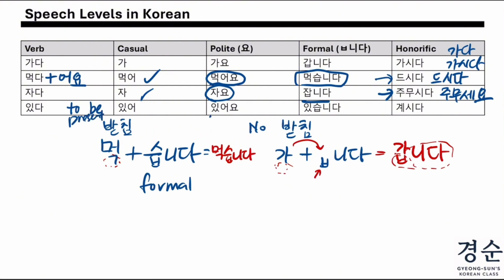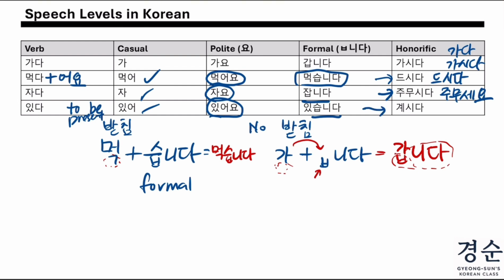So 있어요. Okay, 있어요 is like to have or to be present. So basically, we remove 요, we get 있어, and for formal, we just add 있습니다. So 있습니다. Okay, for honorific form, it is 계시다.